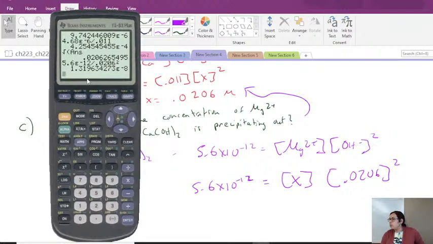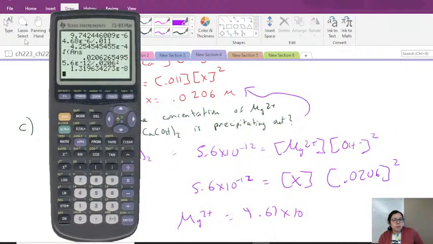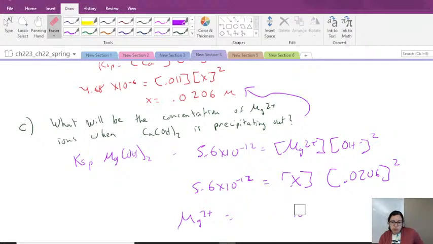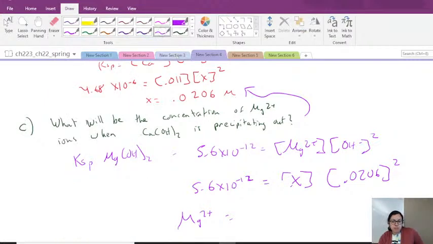Is this what other people get? I see some nods. So now all we're saying is, once your calcium hydroxide is starting to precipitate out, you still have, sorry, I pulled that from my old notes, 1.32 times 10 to the negative 8 concentration of magnesium.